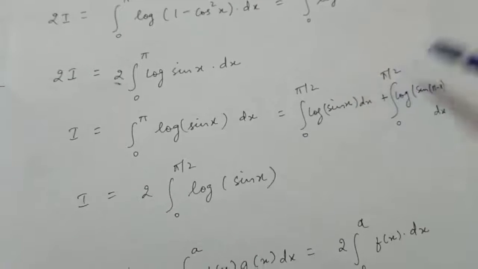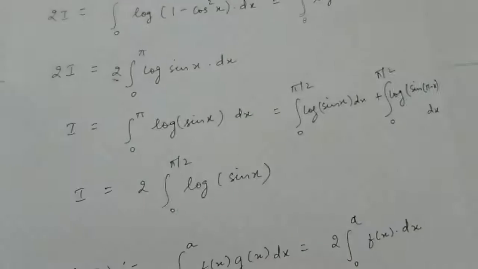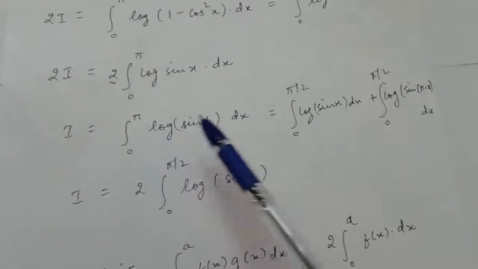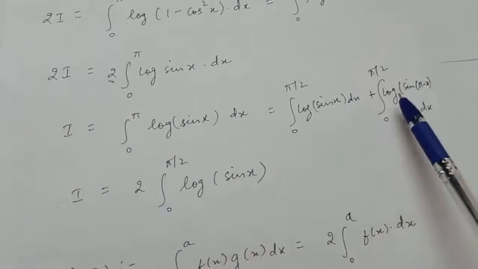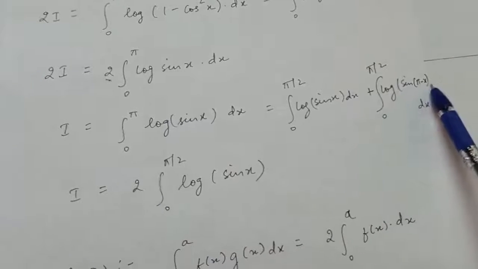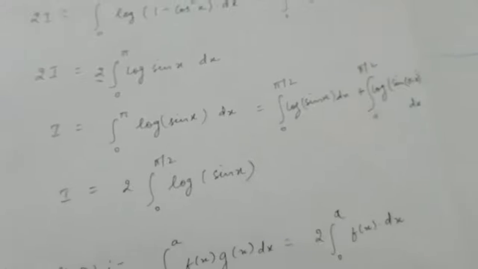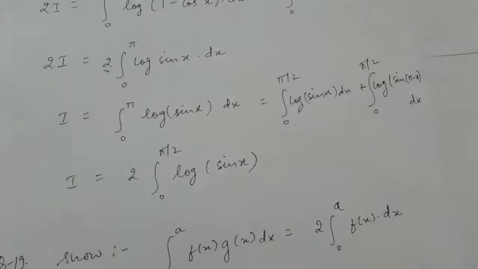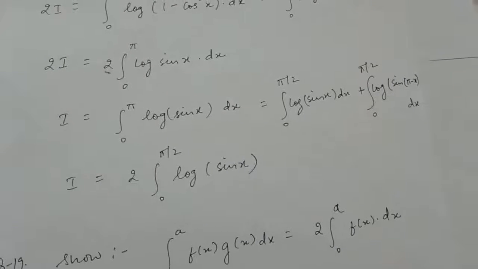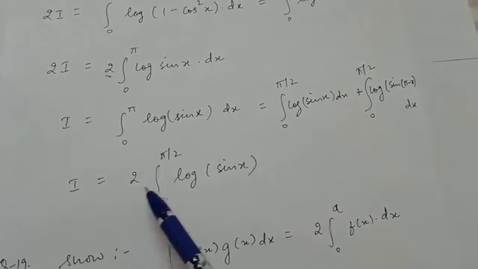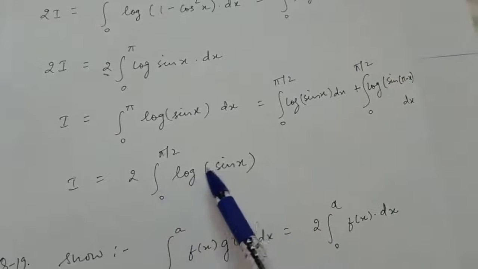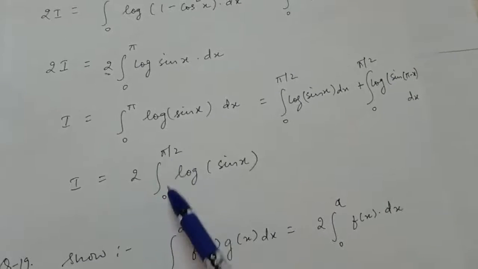Here a is pi by 2, so 2a will be pi. So log sin(pi minus x), and the limits are from 0 to pi by 2. Now sin(pi minus x) is sin x, therefore you will get I equal to twice the integral of log sin x from the limit 0 to pi by 2.